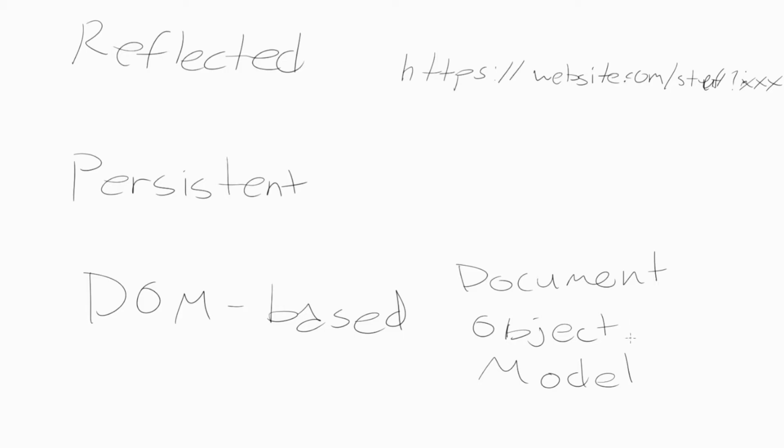This is a very high-level explanation, so I may create another video about how the DOM works later on. Maybe. But anyway, DOM-based cross-site scripting is a variant of the last two that I just explained, reflected and persistent. What makes this different is the malicious code doesn't actually get executed on page load.